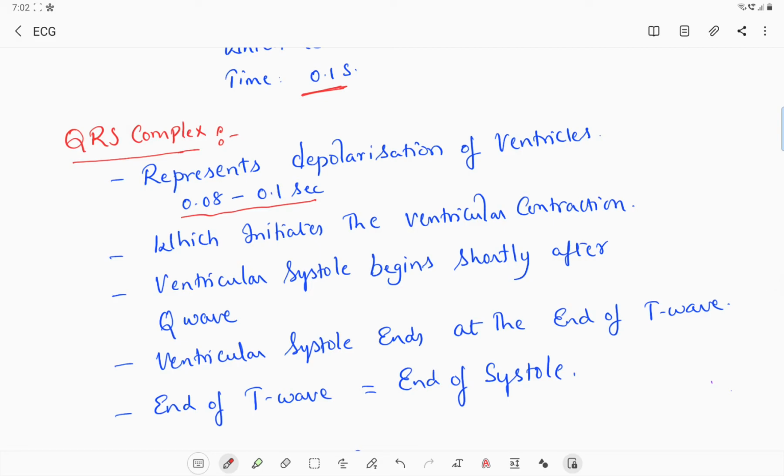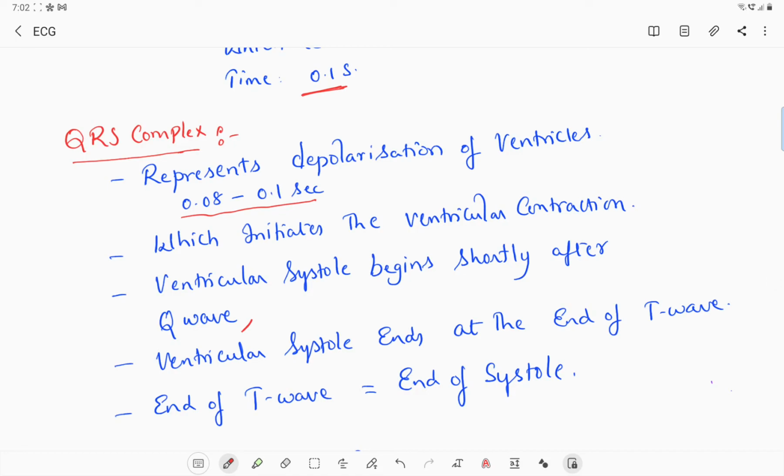Ventricular systole begins shortly after the Q wave and marks the beginning of the ventricular systole.